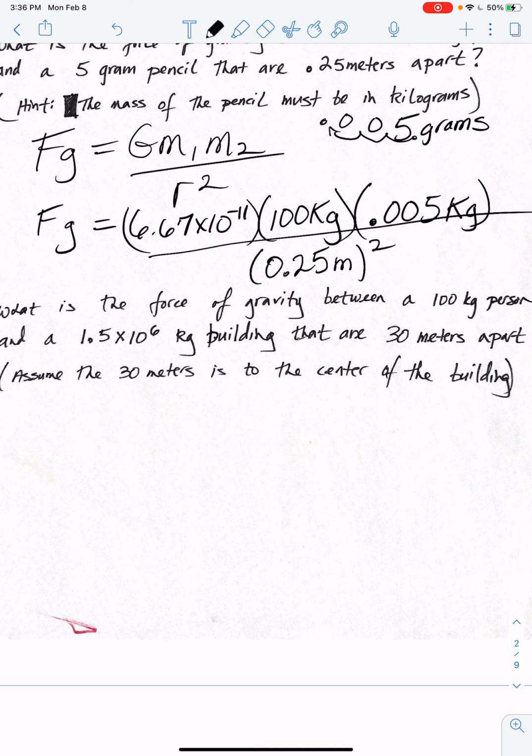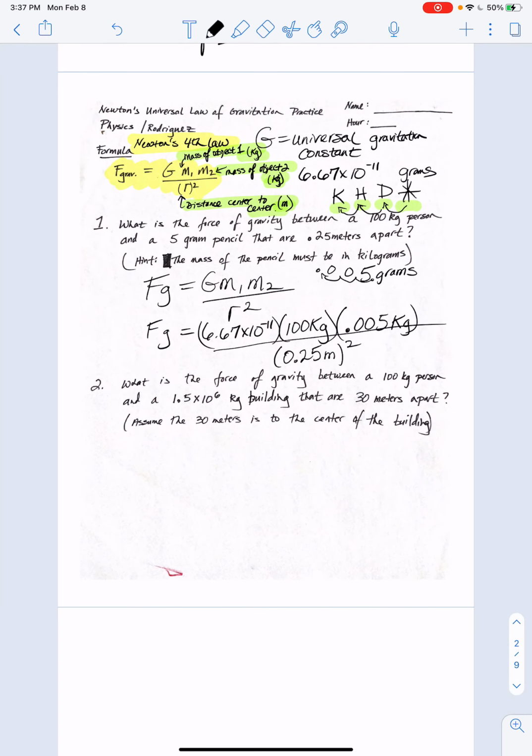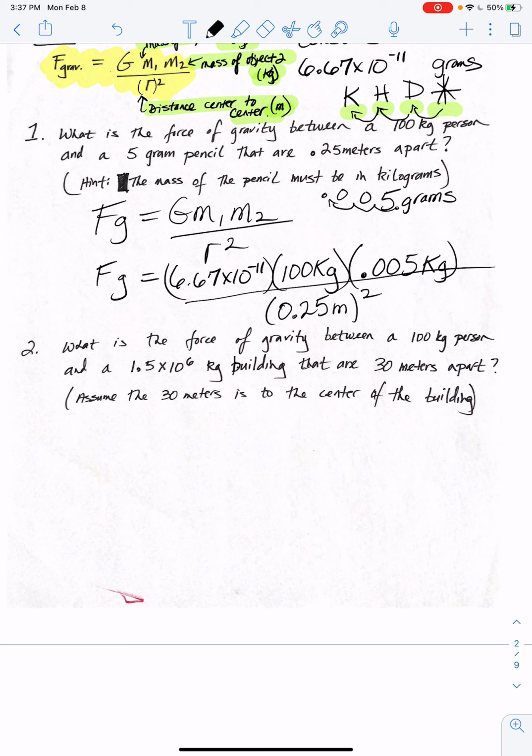But let's go ahead and solve here. What I like to do is crunch the top and then crunch the bottom separately. I was running out of room, so let me spill over into the space down here.